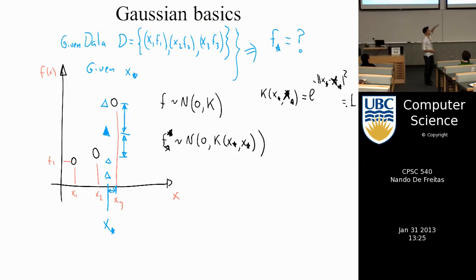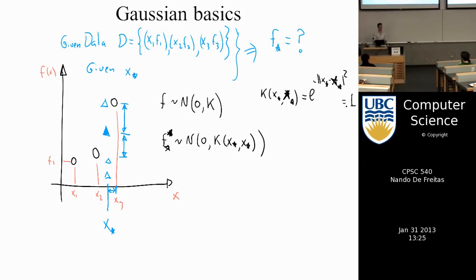If you increase x, f seems to increase. So if you increase x star, f star should also increase. If you increase x, f star should also increase too, because that's essentially why we picked that triangle. So I want them to be correlated.